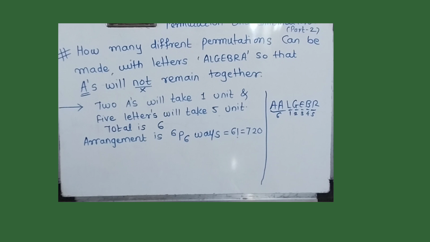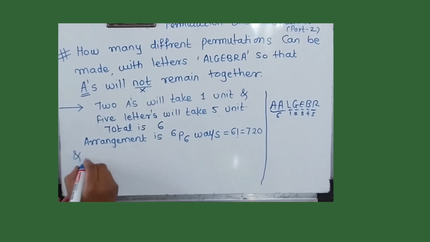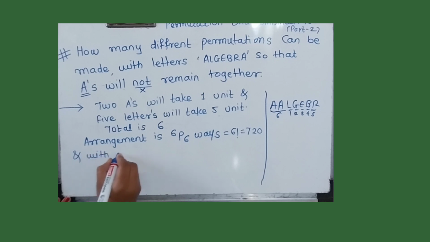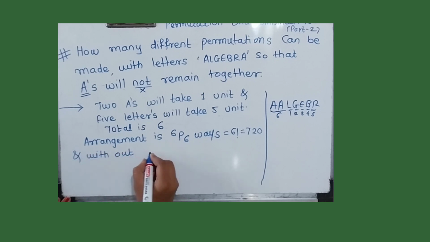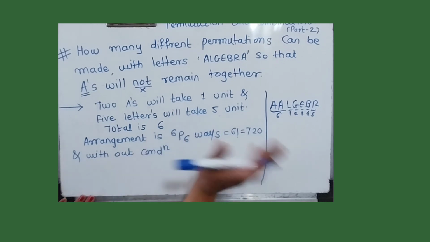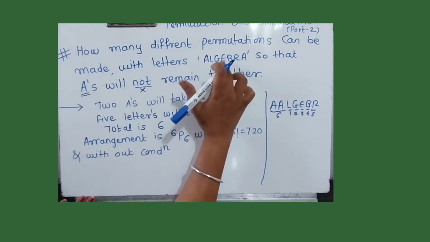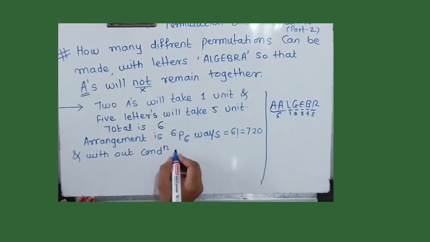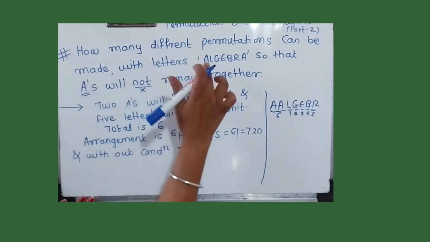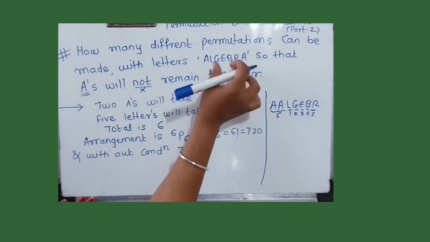Now, without condition. Without condition means what? How many letters are there? 1, 2, 3, 4, 5, 6, 7. So n is 7. And A is 2 A's, so the remaining alphabets are 5.